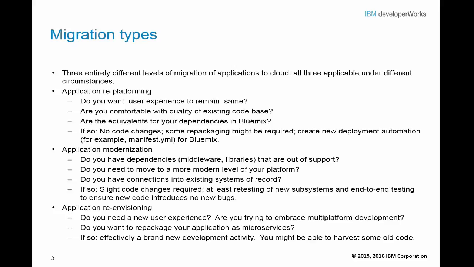If you want the user experience to remain the same and you are comfortable with the quality of your existing code base and your dependencies can be satisfied with the runtime and services on Bluemix, then you can deploy your applications to the IBM Cloud as is by simply adding a manifest.yml file to automate application deployment. Manifest.yml file is a Cloud Foundry concept. Some repackaging may still be required.